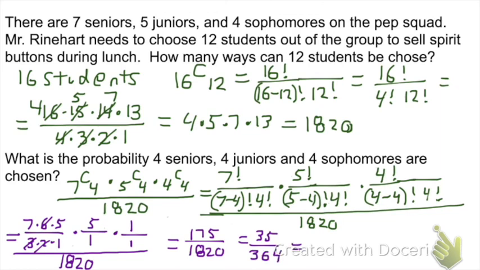These are both divisible by 7, which leaves 5 over 52. That's my probability. So our probability is 5 over 52 for picking 4 seniors, 4 juniors, and 4 sophomores to be our 12 students.